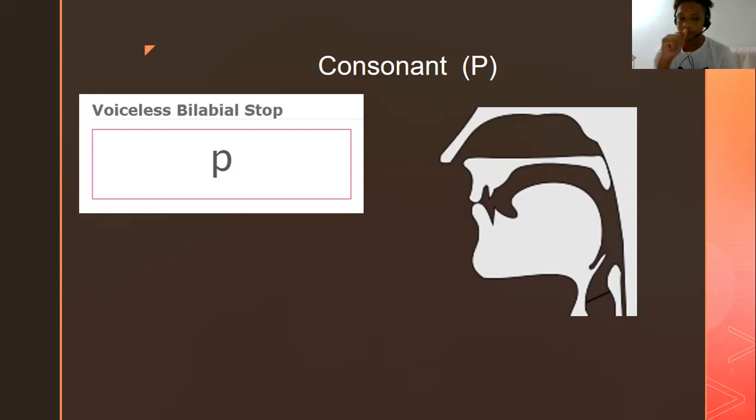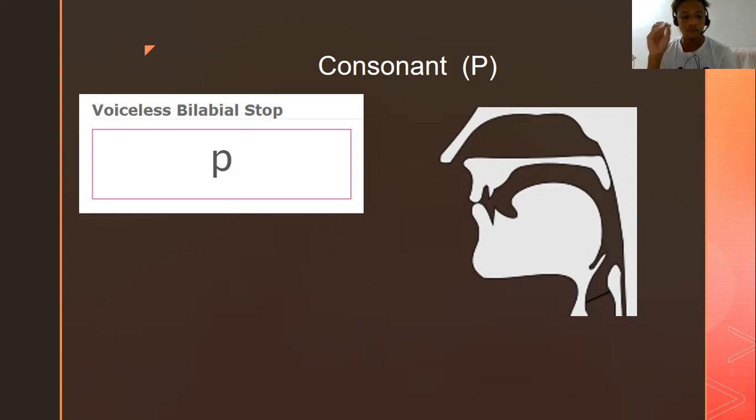In some languages the vocal cords are actively separated, so it's always voiceless. It's an oral consonant.